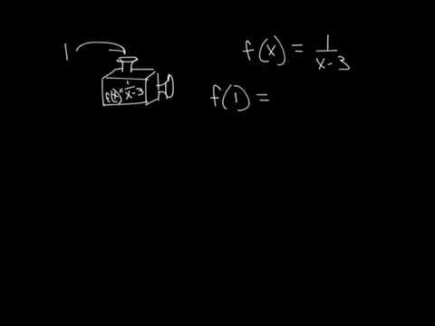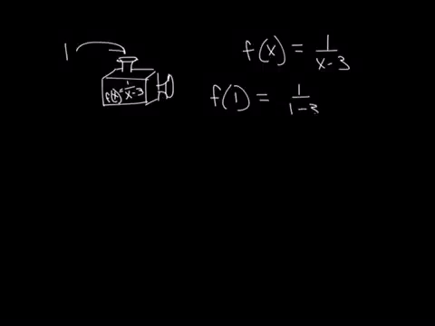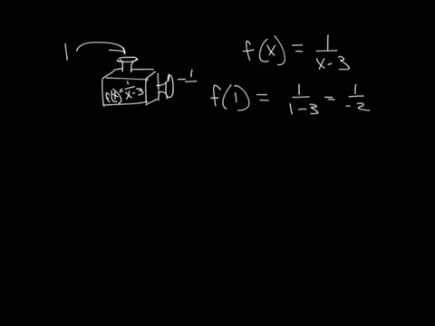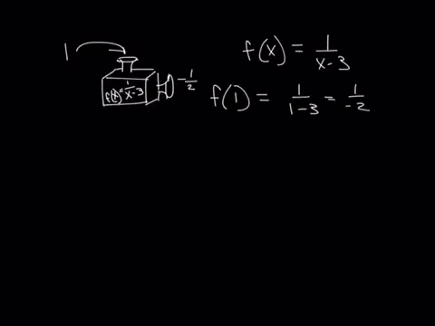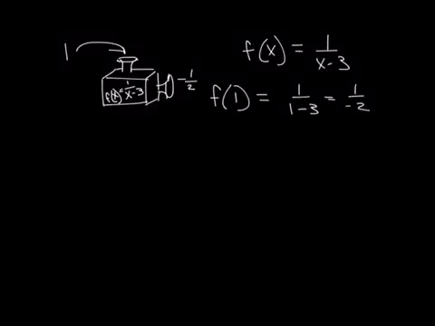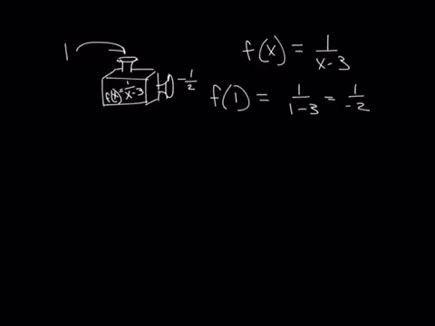We're going to see what it kicks out. 1 over 1 minus 3, which equals 1 over -2 or -1/2. So when I put 1 in, I get -1/2. Okay, that works. So it ends up being just fine. And f of 1 is defined, and 1 is in the domain of f. Okay, so 1 works. 1 is in the domain. It's a number that will possibly work or will work.